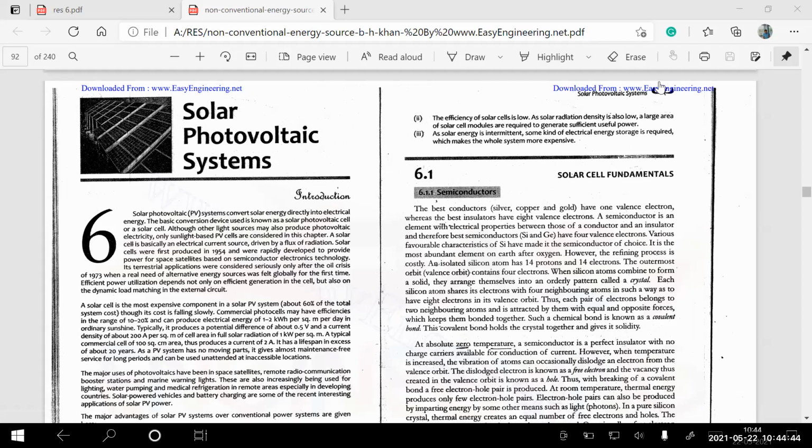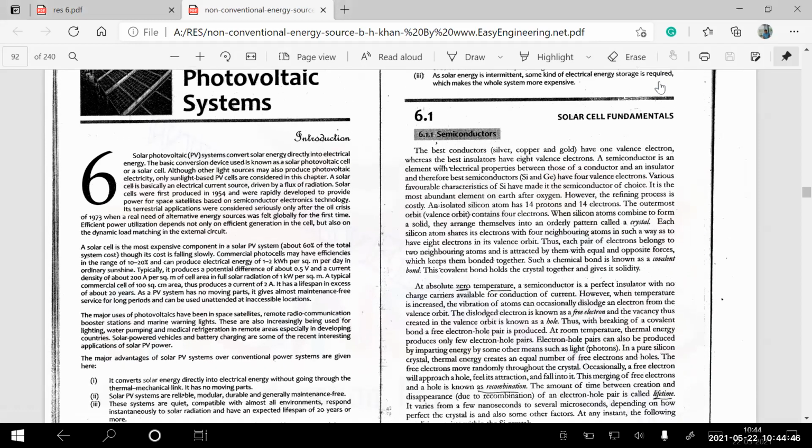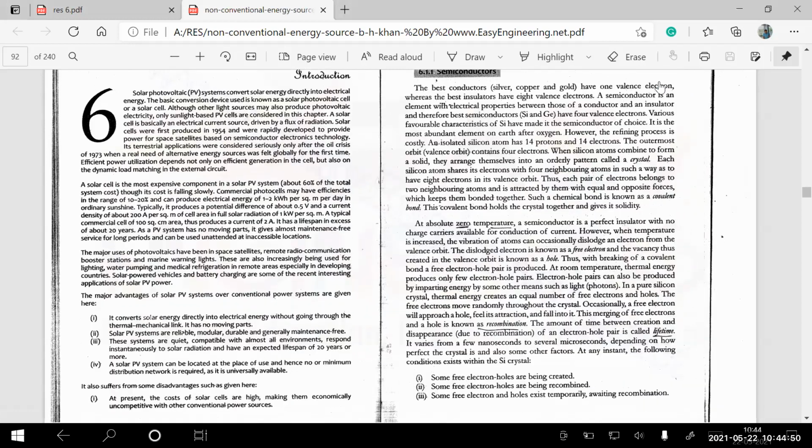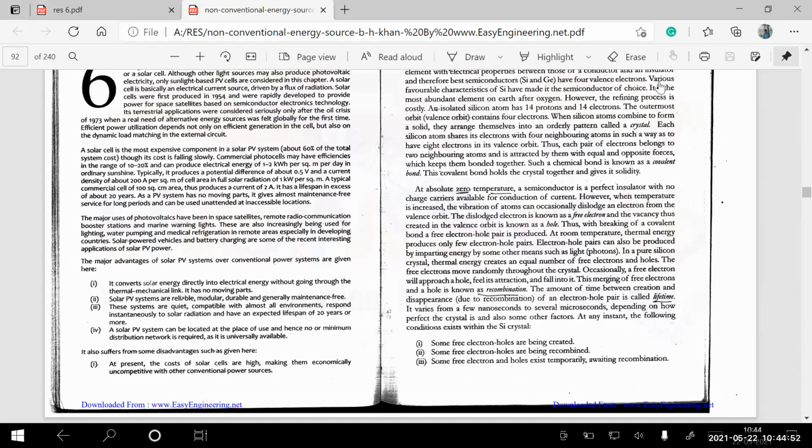So we'll see what it is and how it is being used. Now we'll directly go with the major advantages at present, then we'll move on to the process, how it is being generated.